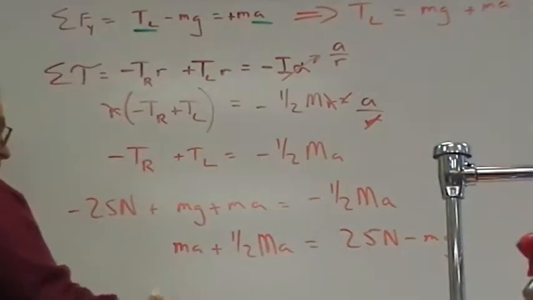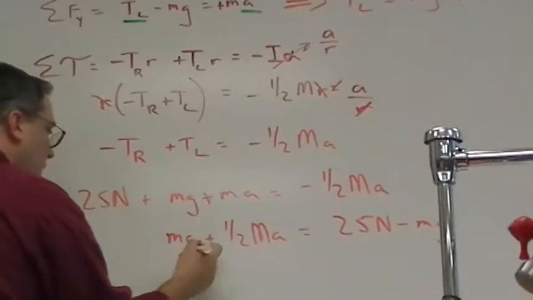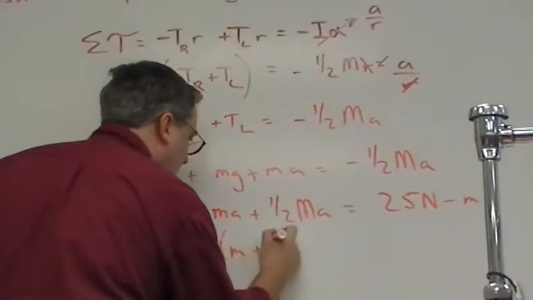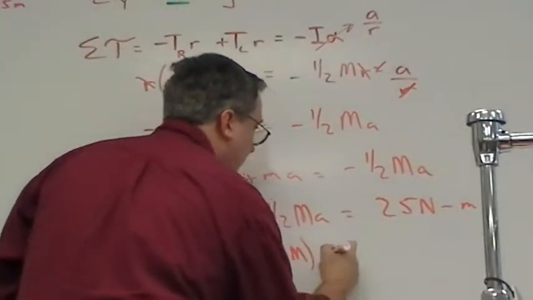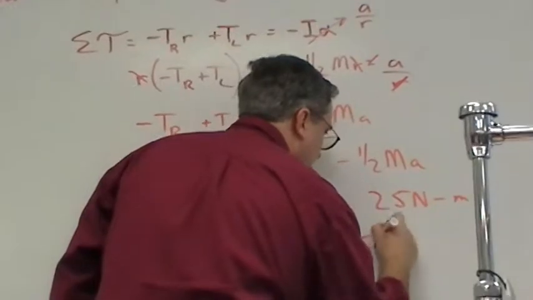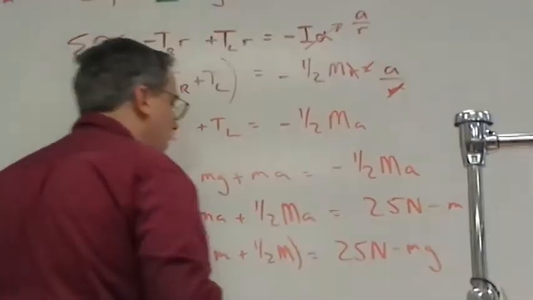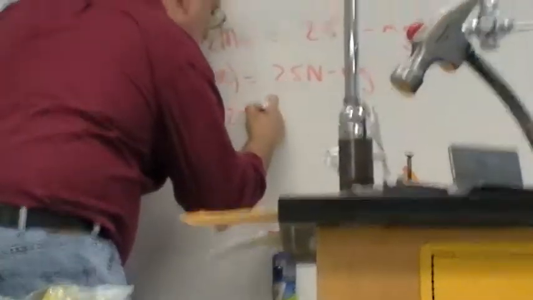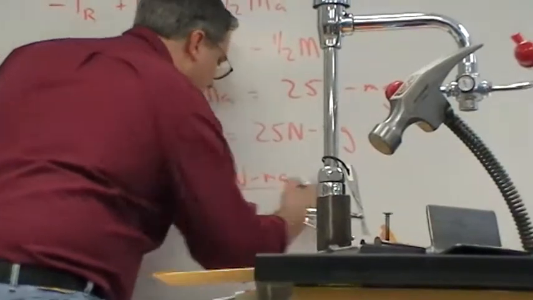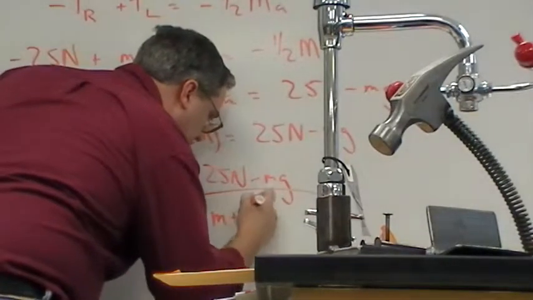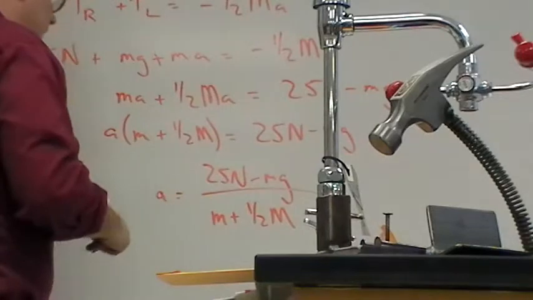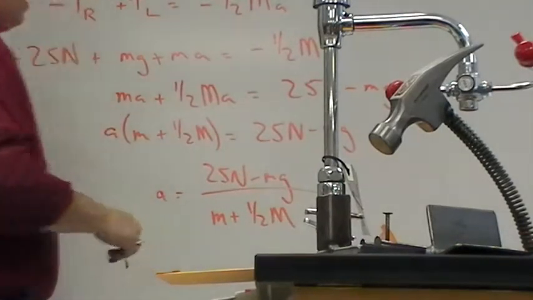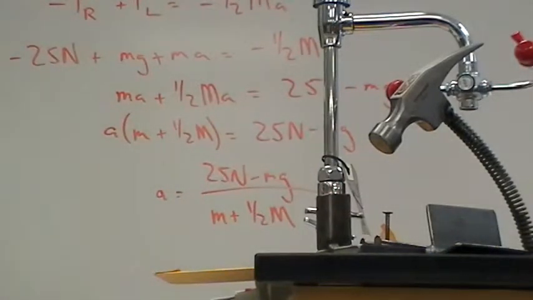I can factor out A. And lastly, I can solve for the acceleration. And knowing all the masses, we can plug in and we can get a value for A.